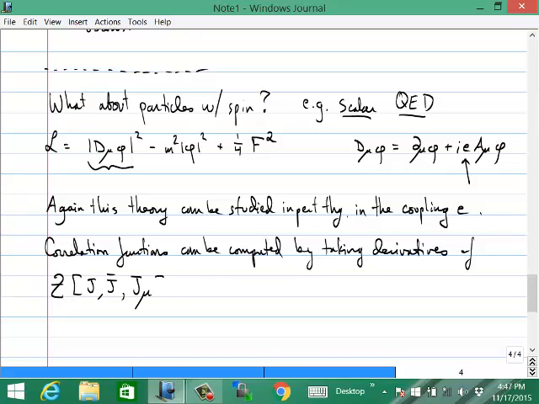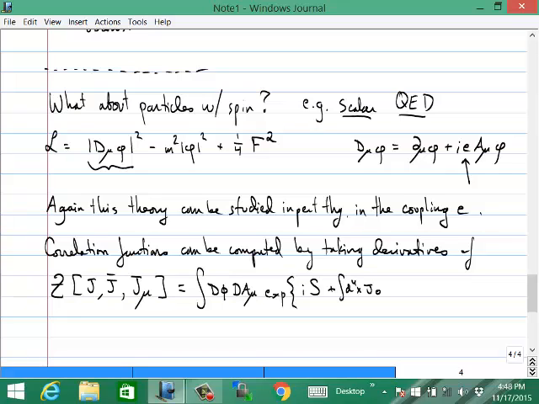And if you wish to include the effects of electromagnetism, you also need to introduce a source, J mu, for the electromagnetic field. And so then this, at least in principle, is computed by doing a path integral, where we integrate not just over the value of the scalar field, but also the value of the electromagnetic field. And you weight this by an action along with our source terms.